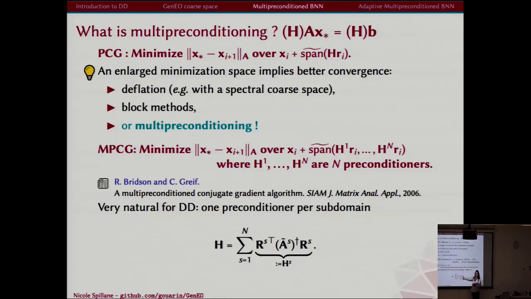So instead of computing the sum here, you can keep each of these contributions separate. Now instead of having one global preconditioner, you have n local preconditioners, or at least local contributions to the preconditioner. You can do this with any DD method, and I will show results with BNN.